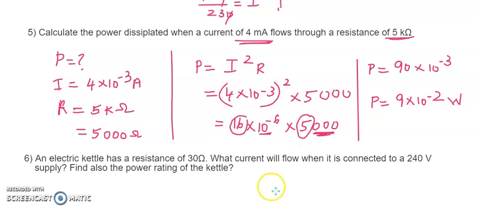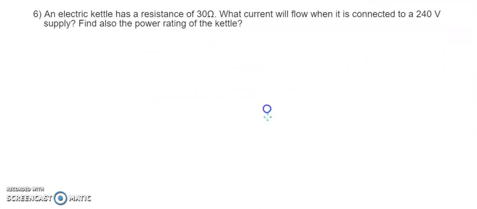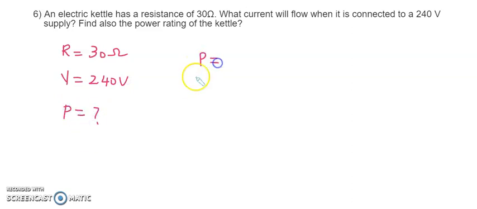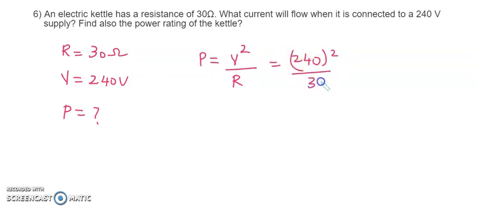Clear? Next. A kettle has a resistance of 30 ohms. It is connected to a voltage of 240. What is the power rating? So P is equal to, I don't have I. So we'll be using the formula V square by R, which is equal to 240 whole square divided by 30.